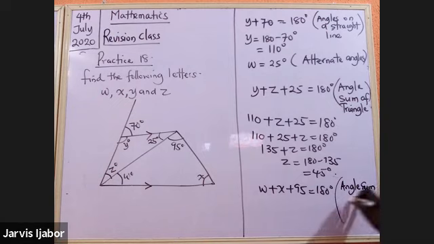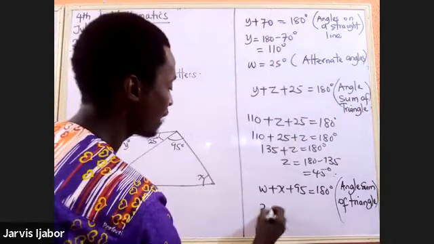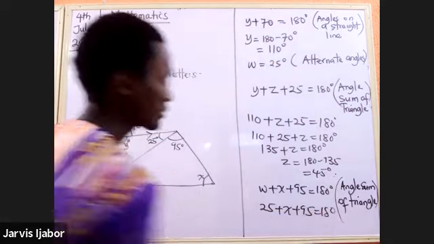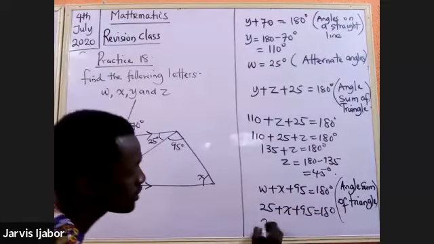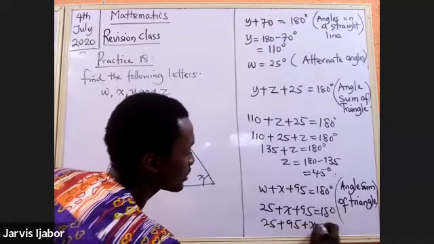So with that, I know what w is. w is 25. So 25 plus x plus 95 is equal to 180 degrees. So it means that 25 plus 95 plus x is equal to 180 degrees.